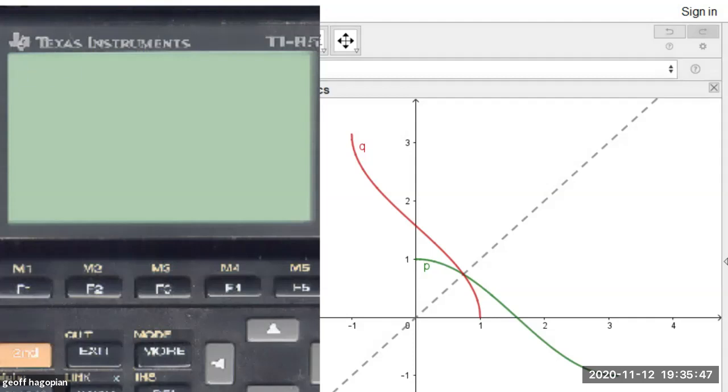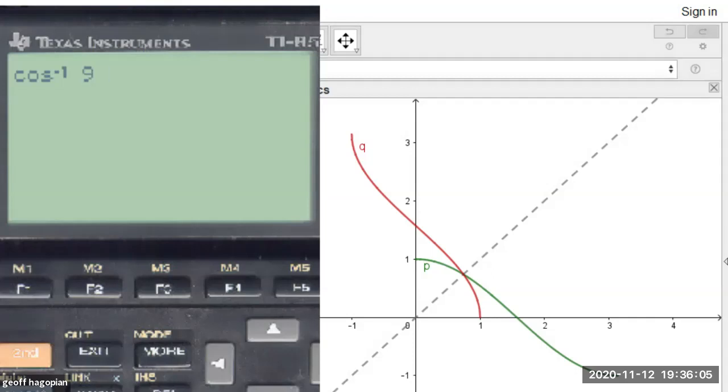Second cosine. Usually this is the way it works on a scientific calculator, right? The cosine key has a shift value, which is the inverse cosine. So when you hit second first and then cosine, you get the inverse cosine function.